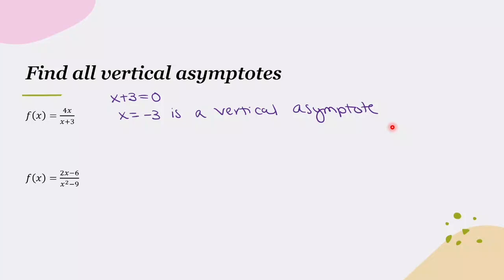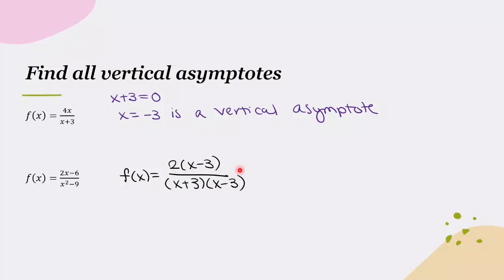Let's compare that to my second example. In my second example, we have the function f of x equals 2x minus 6 divided by x squared minus 9. My first step is to factor as much as possible. And in this case, I can factor the numerator by pulling out a 2. We've got a common factor of 2 in the numerator. So if I pull that out, I'm left with 2 times x minus 3.